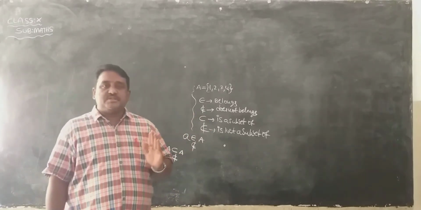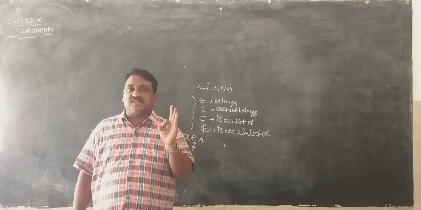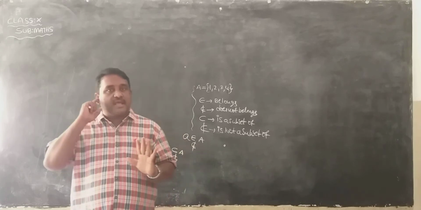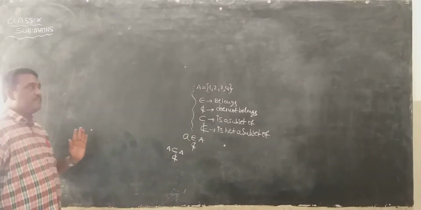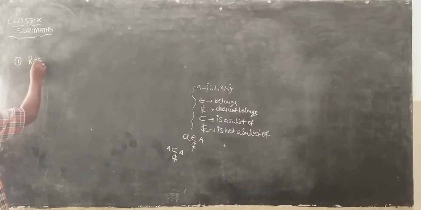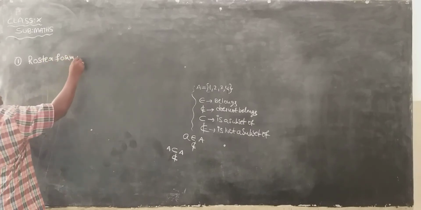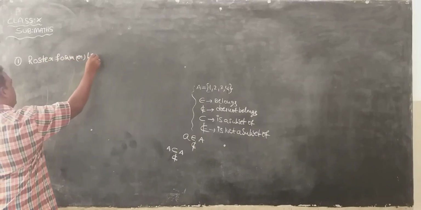Then next, what do we discuss? We can write sets in two ways. Number one, roster form or list form.